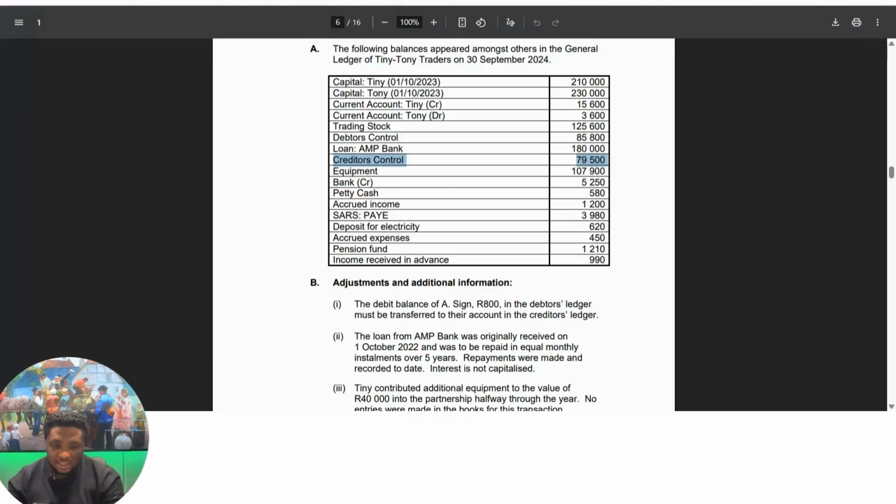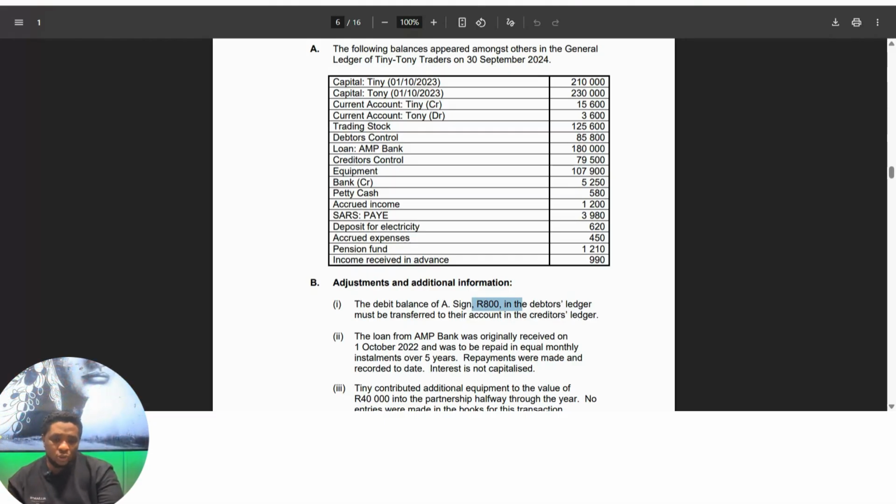And then the other thing that is going to be important that we also need to pay attention to is that 800, because this 800 is being transferred from debtors to creditors. So it's a debit balance of a debtor. As we said, when there's a balance, which in this case is a debit balance, to transfer a debit balance, you credit. So which means that what do you debit? Well, you debit what you're transferring to, and you're transferring now to creditors.